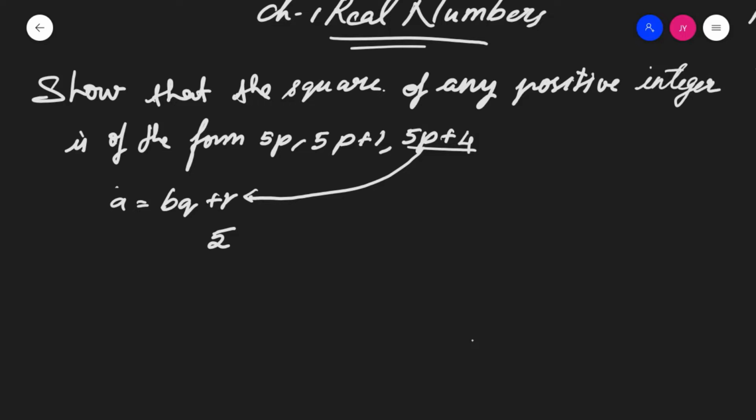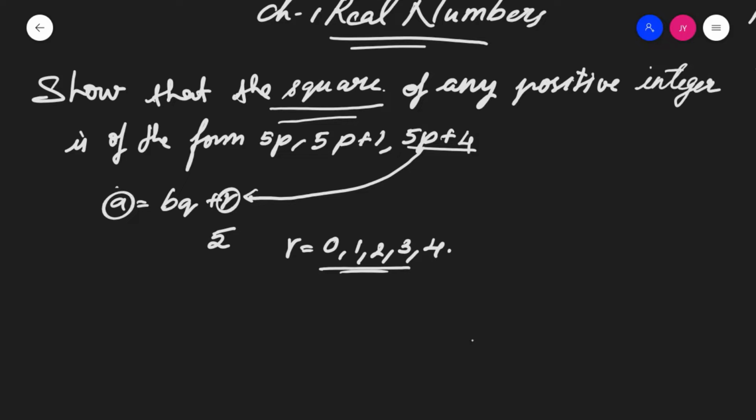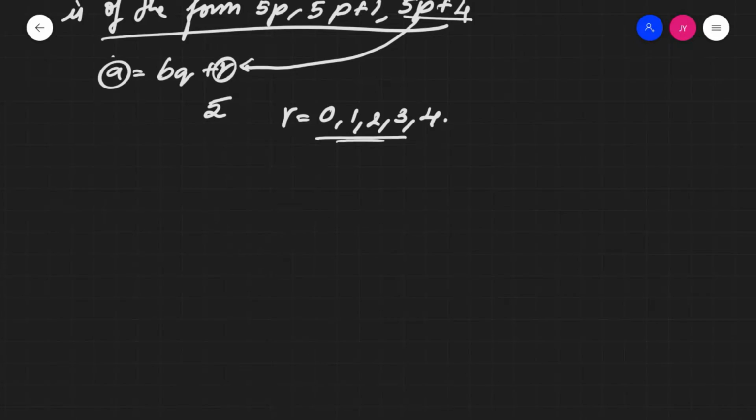Possible values of R are 0, 1, 2, 3, and 4. So, we'll take each case and substitute the R values here, and we'll prove that square of A is in the form of 5p, 5p plus 1 and 5p plus 4, right?